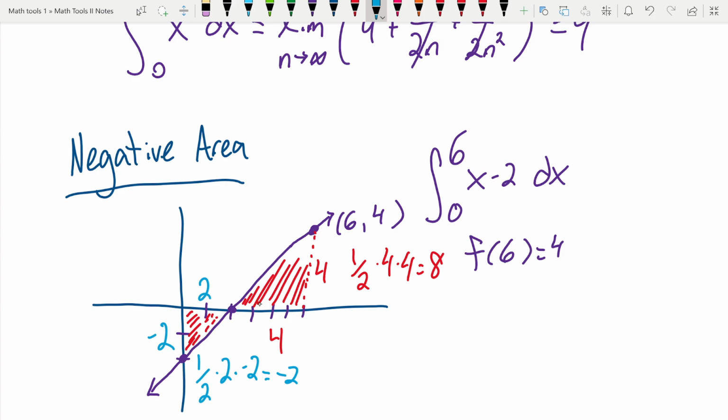Naturally, if we want to find the area overall, we find the area of the two pieces and then add them together. So we get 8 plus -2 to overall get an area of 6. So we can have negative area in this context.